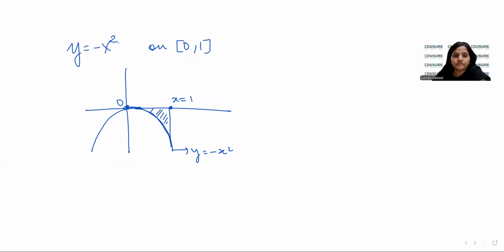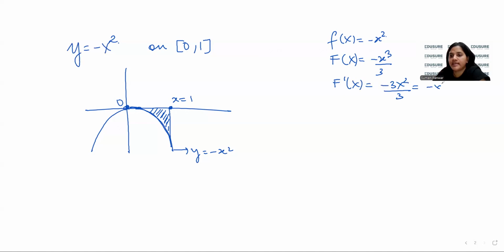So here f of x is equal to minus x square. So if you take capital F of x to be minus x cubed by 3, so your capital F dash x would be minus 3x square by 3, which is minus x square. So F dash x is actually now coming out to be f of x.